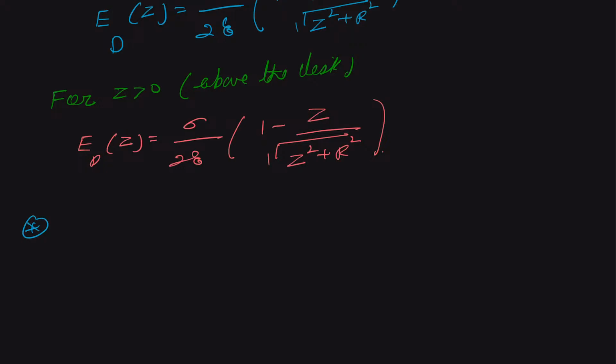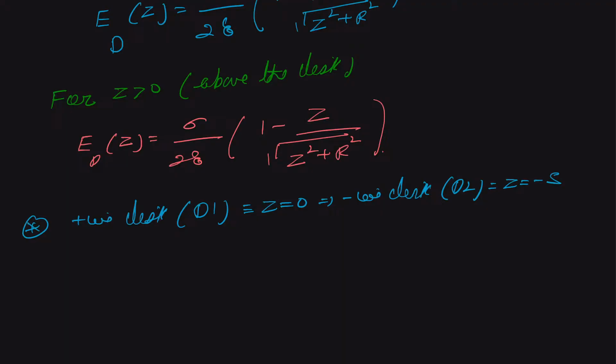So our positive disk, which we have considered disk 1, is at z is equal to 0, and our negative disk, which is D2, will be at z is equal to minus s.